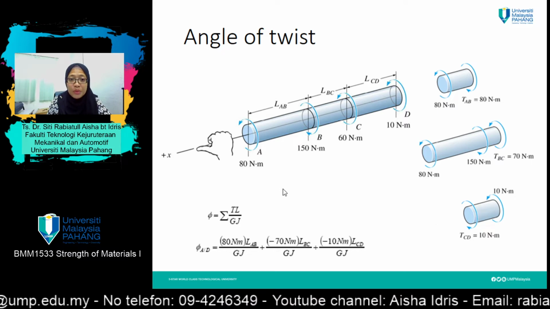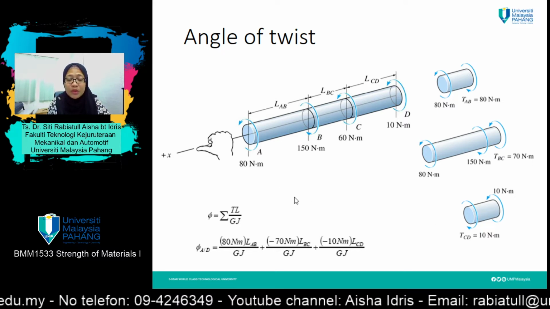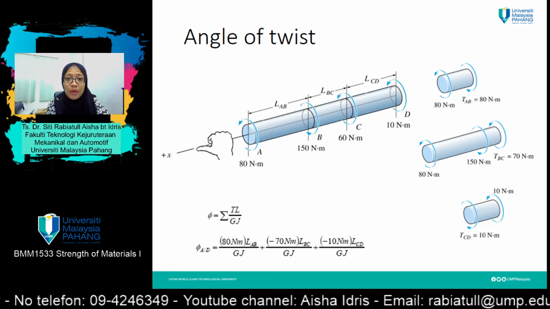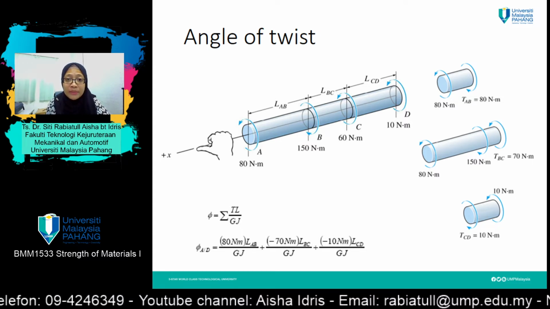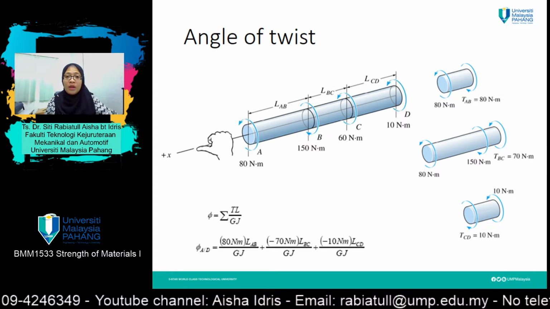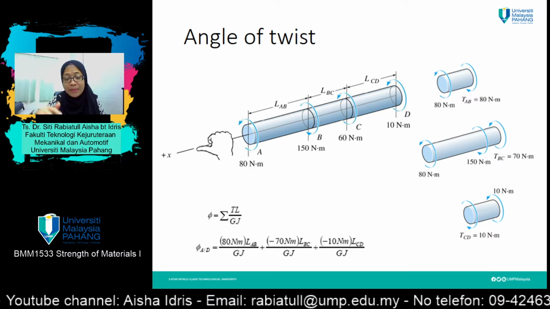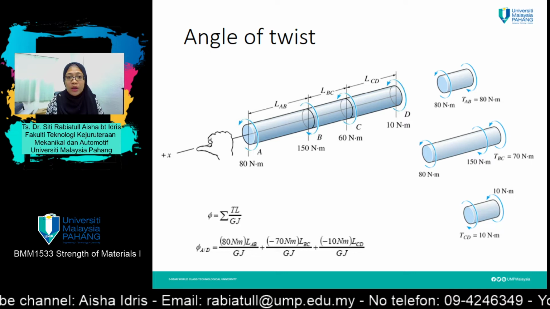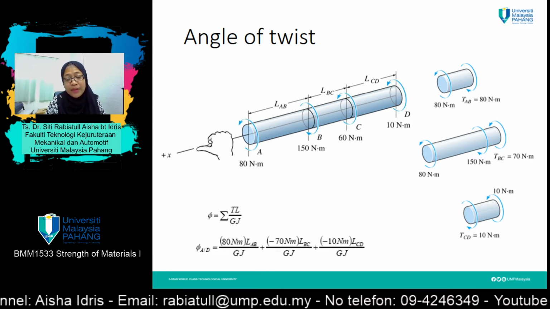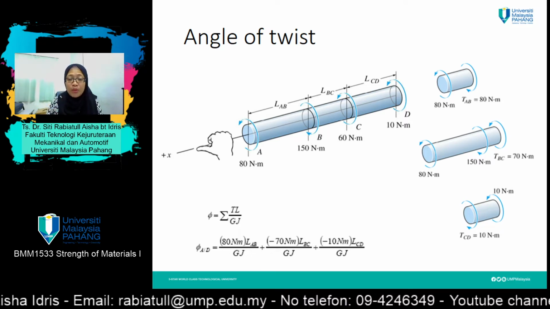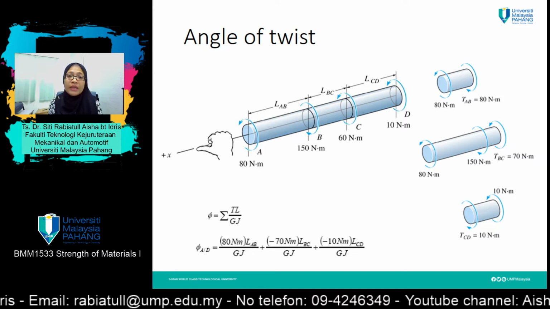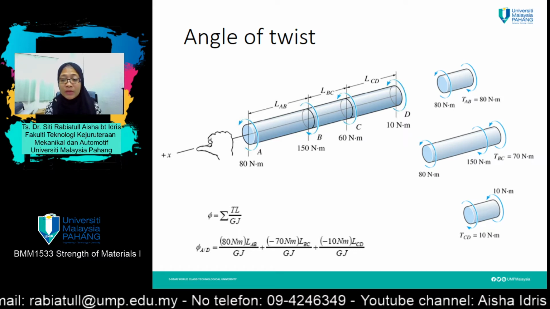For this angle of twist, you also need to be consistent with the direction, because as stated in the previous slide, you need to follow the rule of thumb, which refers to the negative and positive value of the angle.